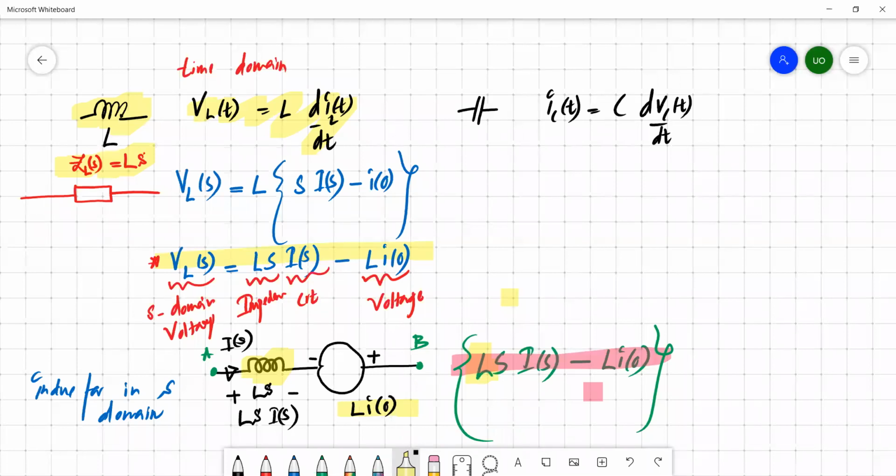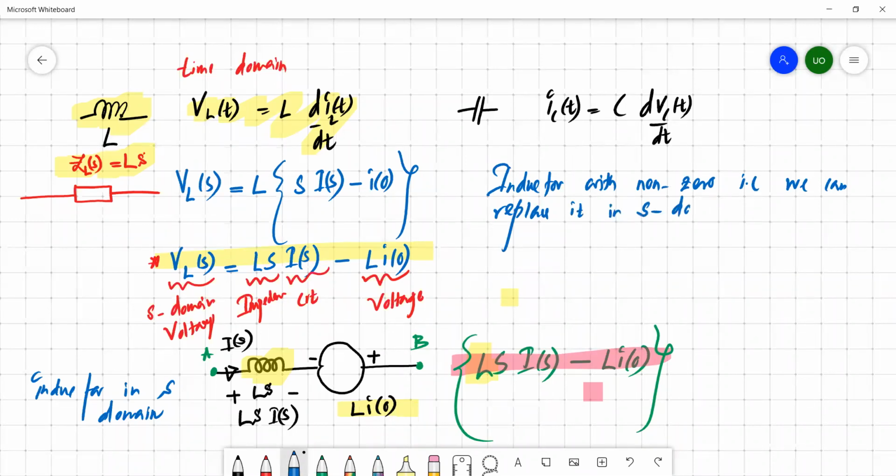So now if you have an inductor with a non-zero initial condition, we can replace it in S domain as this.